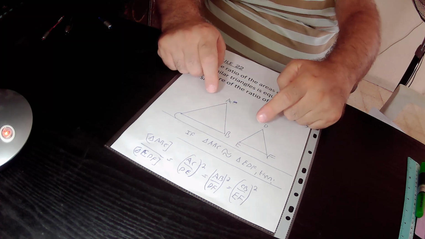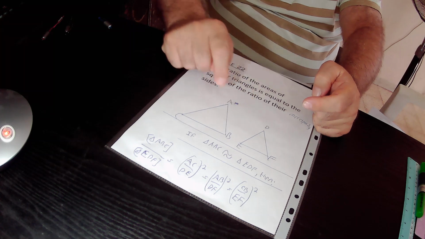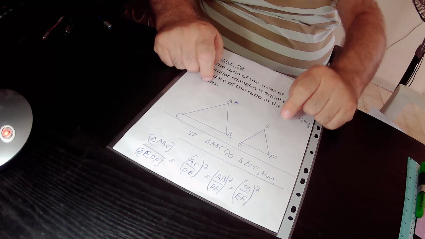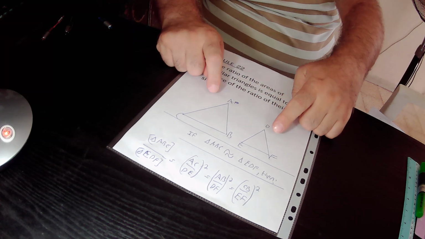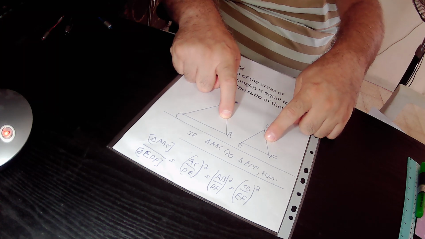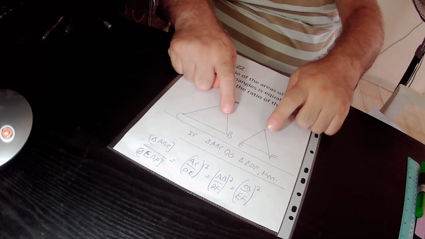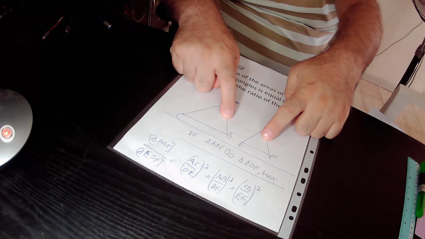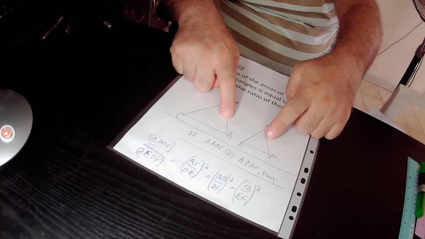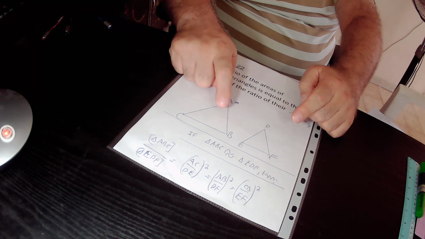So the ratio is of course AC over DE squared. Likewise, side AB is the corresponding side of side DF, and the ratio is equal to AB over DF squared.